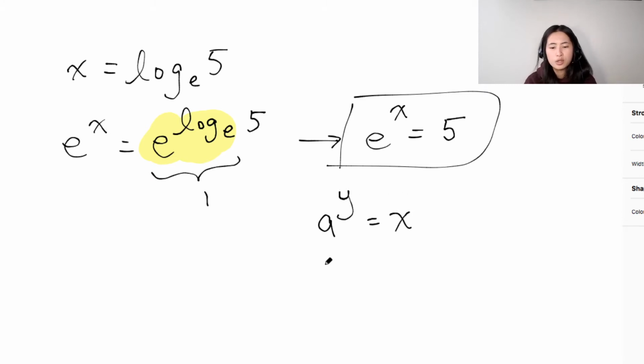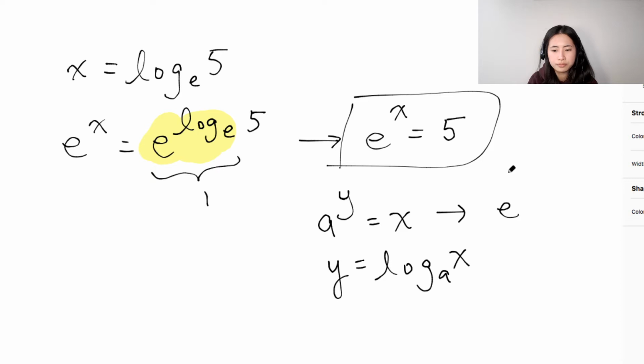That means you can rewrite it as the logarithmic function log base a of x equals y. If your a is e, then this is going to be e, and your y in this case is going to be your x over here. And then, actually, let's move this here.